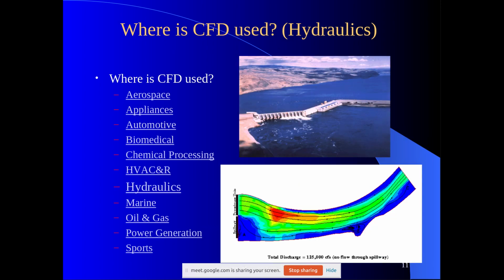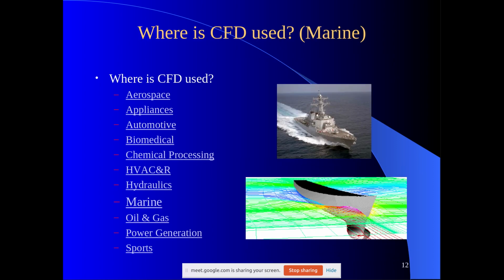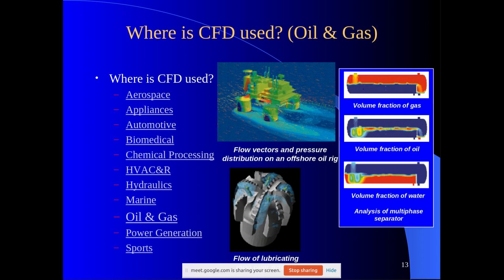Hydraulics, dams, rivers, ships. I think the marine part is ships, submarines, boats, and whatnot. Everything. Oil and gas industry. A lot of money is there in the oil and gas industry. It's a very important source of energy.